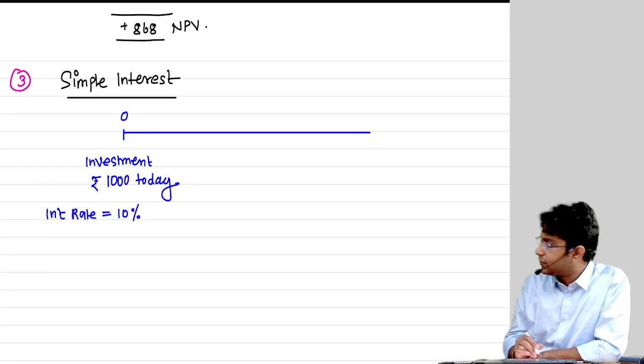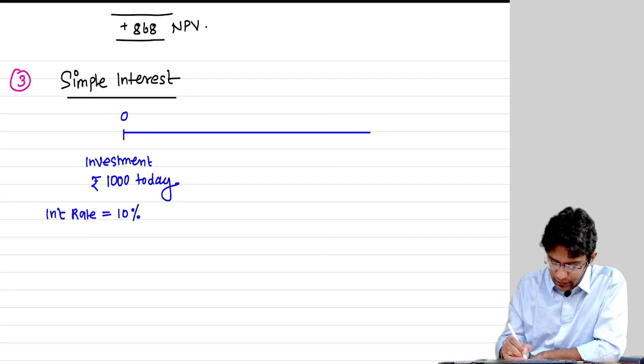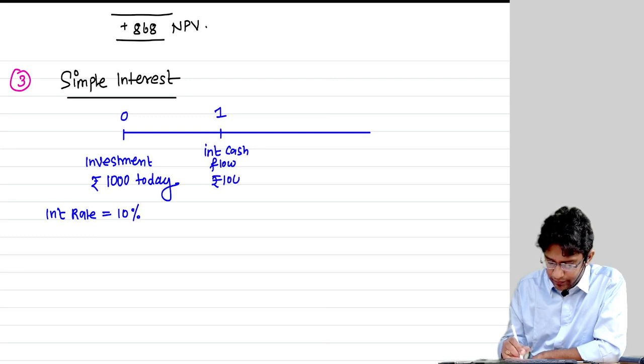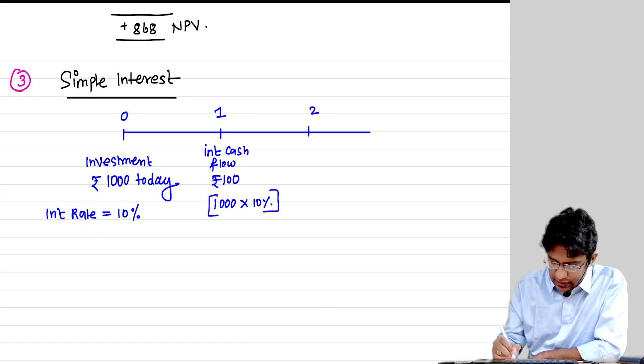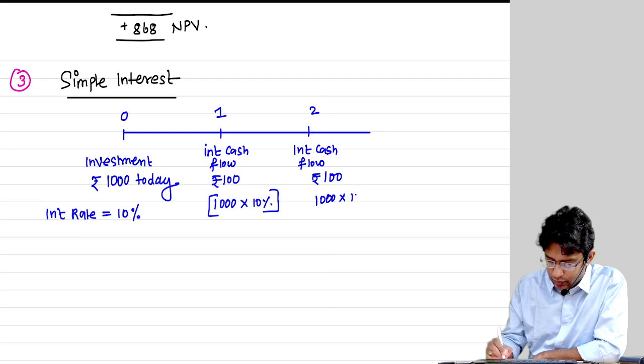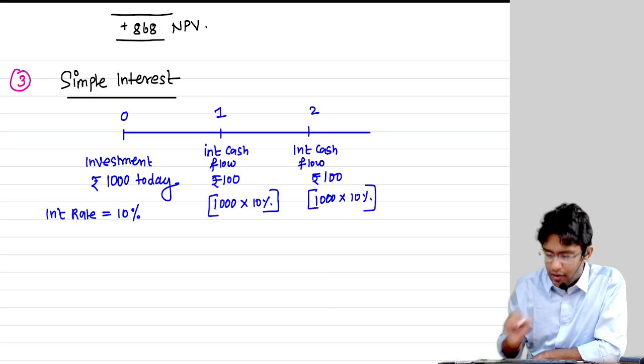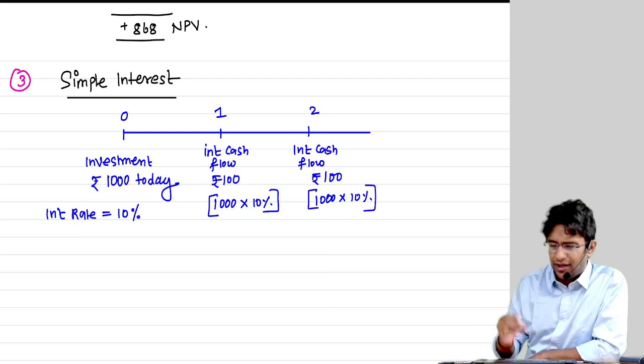What it means is, for the 1,000 rupees you have invested, at the end of the first year, your interest cash flow will be 100. 1,000 into 10%. Second year, your interest cash flow is still 100. 1,000 into 10%. Like that it goes on.